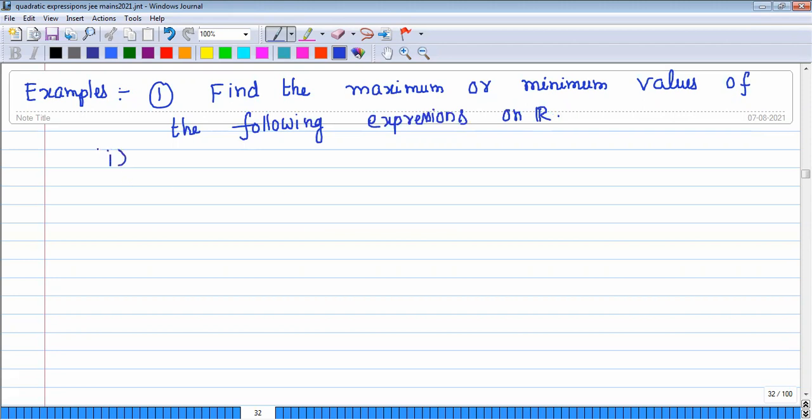The first question, 2x plus 5 minus 3x squared. That means you need to find either the maximum or minimum value of the given function. So here, first of all, see the solution.